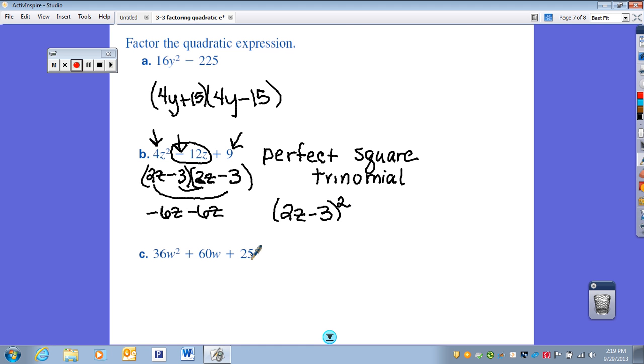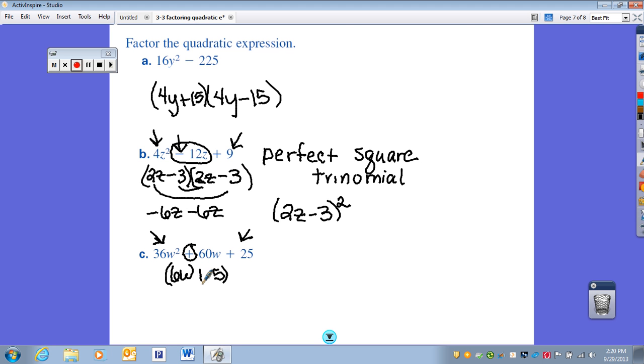So this also looks like a perfect square trinomial because 36w squared is a perfect square and 25 is a perfect square. So if you want to take a shortcut, all we need to do is say what is the square root of 36w squared? It's 6w. And what is the square root of 25, which is 5? And what is the sign of my middle term?